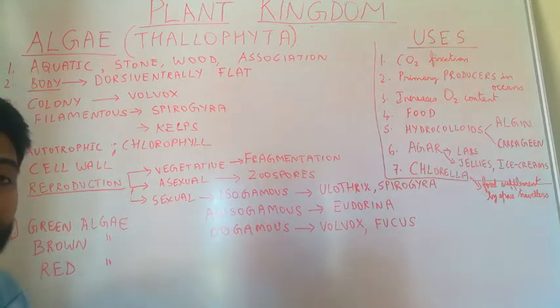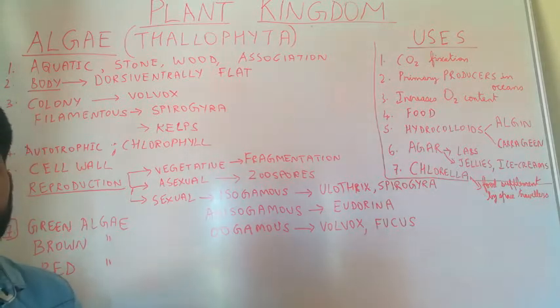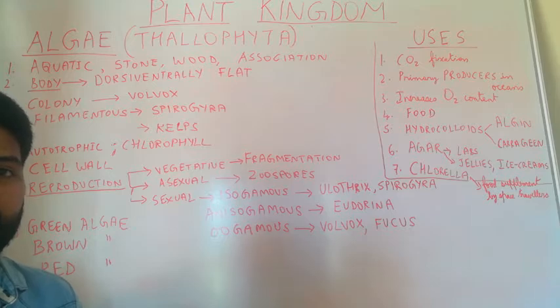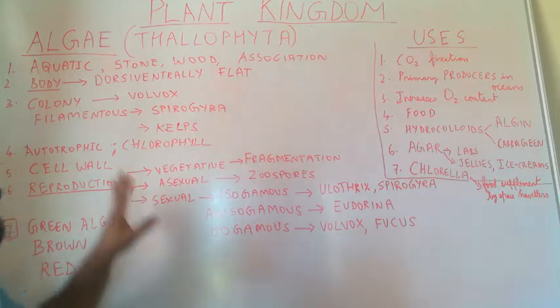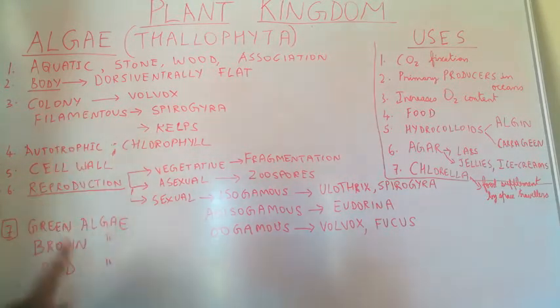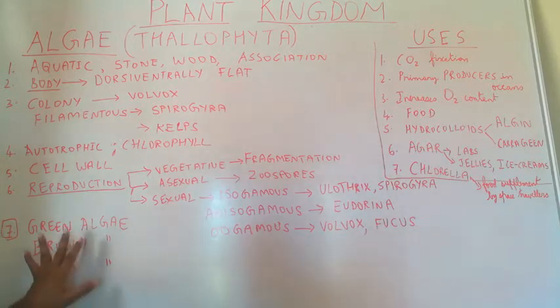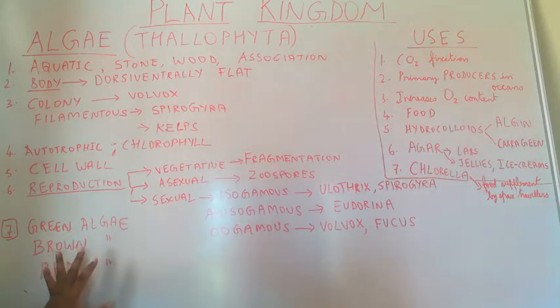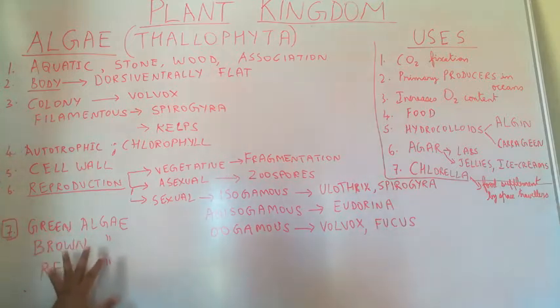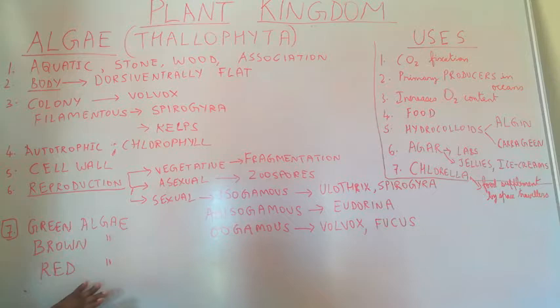Based on the type of chlorophyll present in the algae, the Thallophyta can be further subdivided as green algae, that is Chlorophyceae, brown algae, Phaeophyceae, and red algae, that is Rhodophyceae.